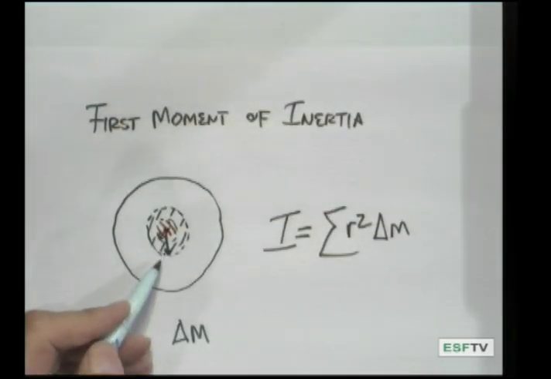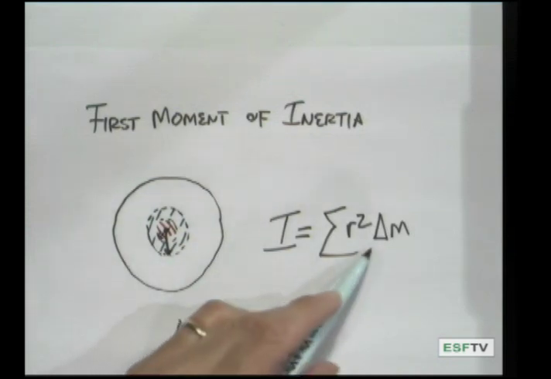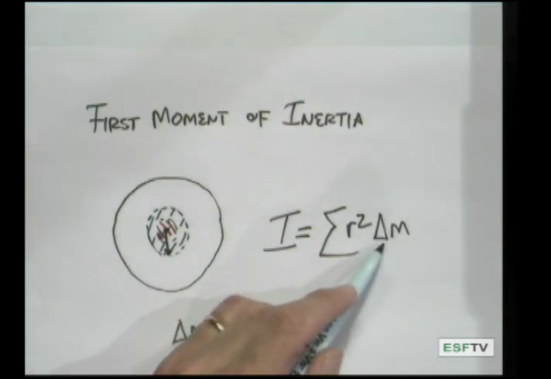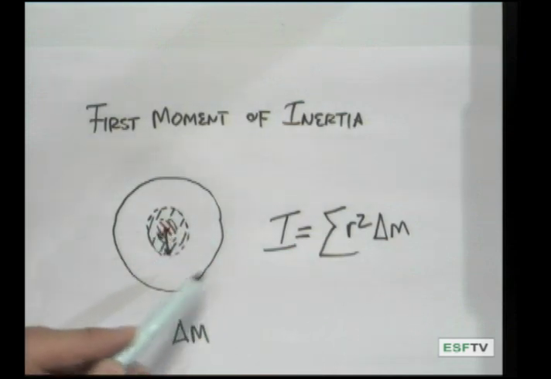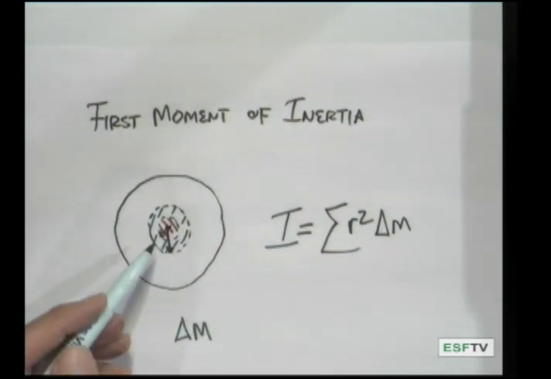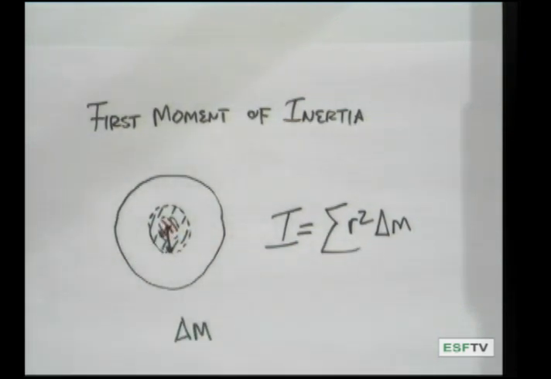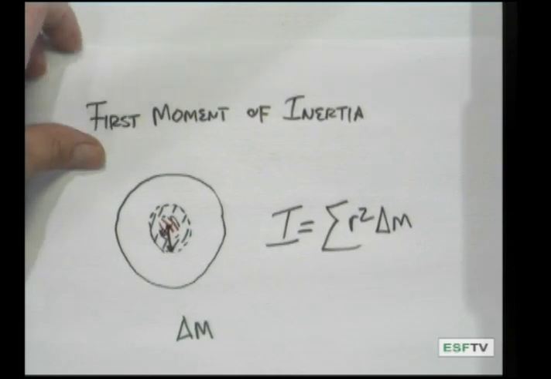And so if we do this a number of times all the way out to the very edge, and we add up all the differences of mass times the square of the radius that is accompanying that change of mass, then you're going to get a total quantity, and that total quantity is the first moment of inertia.